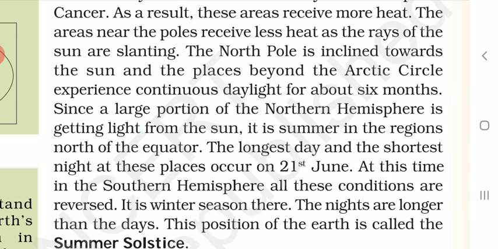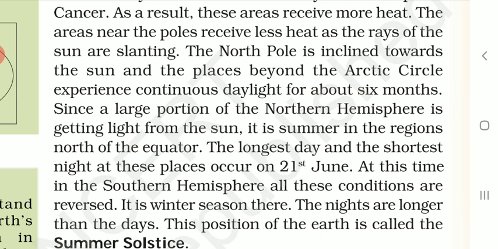At this time in the southern hemisphere, all these conditions are reversed. Whatever you can see, that the Tropic of Cancer is receiving the direct sun rays and in the northern hemisphere there is summer, all these conditions are reversed in the southern hemisphere. It is winter season in the southern hemisphere, and the nights are longer than the days.